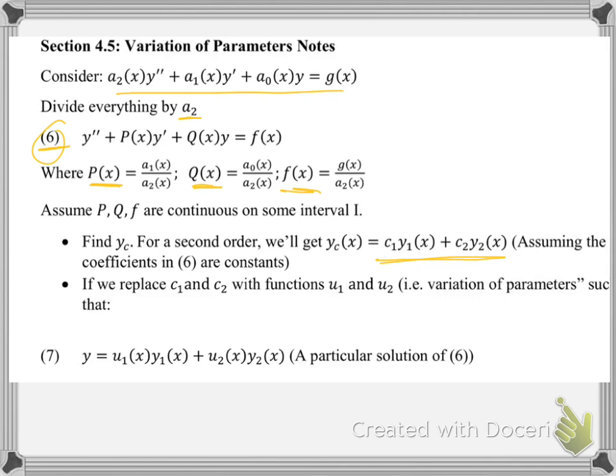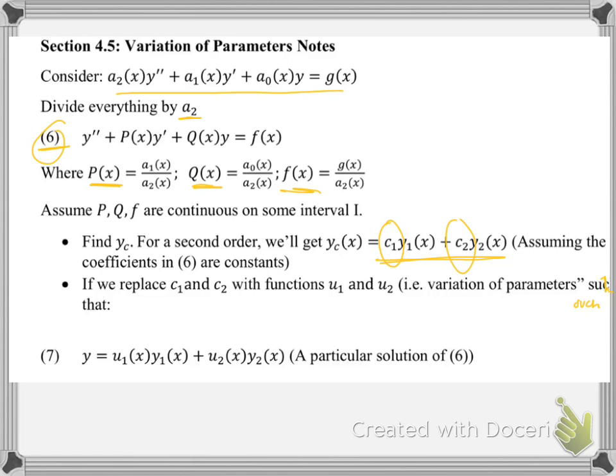And so here is what we're going to do for variation of parameters. That word should be "such" over there. If we replace c1 and c2, so you know how we usually state constants there, what if we replace those with functions? Okay, u sub 1 and u sub 2, all right?